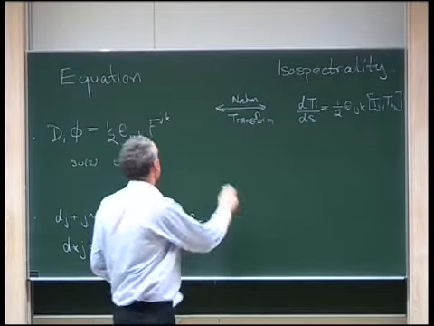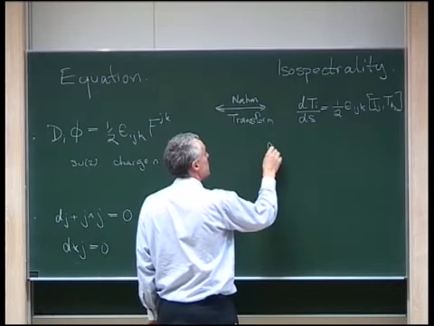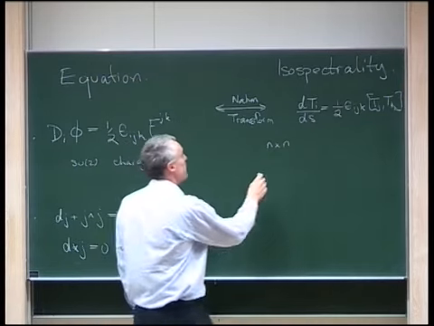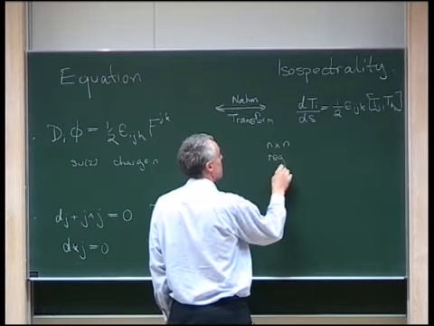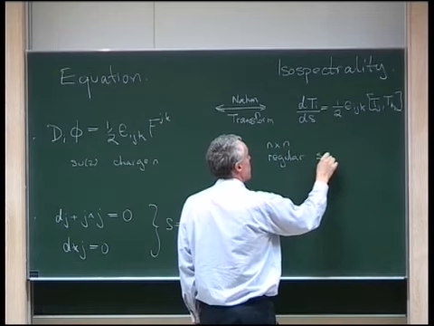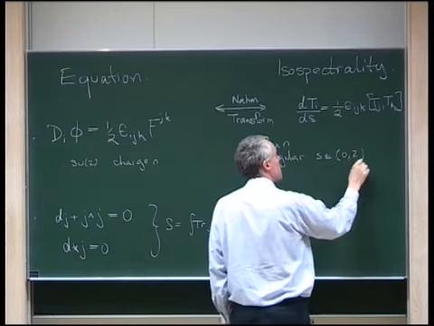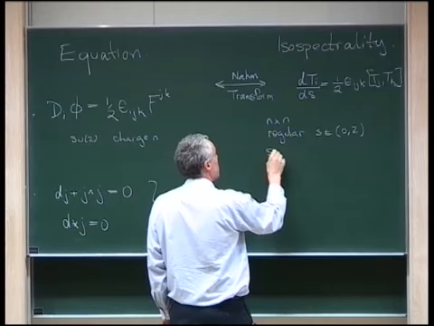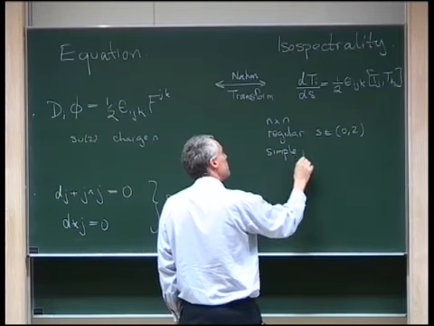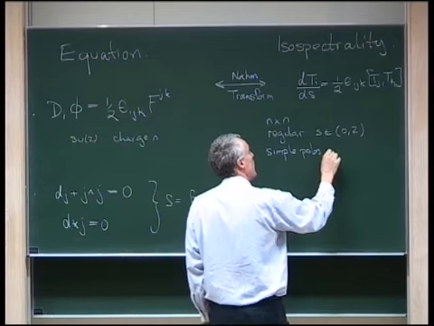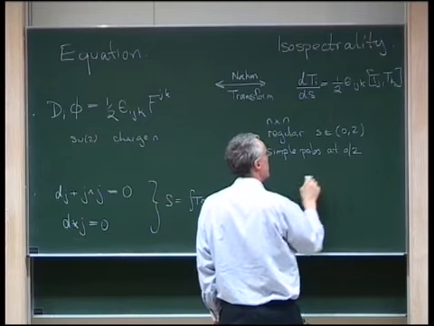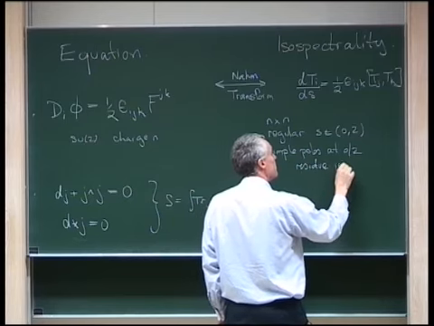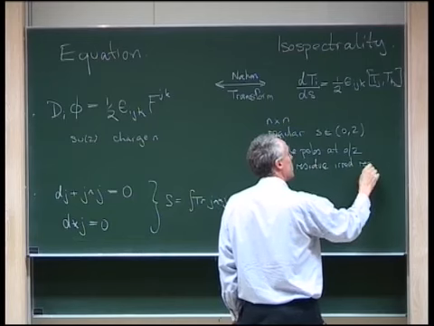So these matrices, the charge n feeds in, so these are n by n matrices. They're going to be regular for s in the interval (0, 2). And they're going to have simple poles at 0, 2 with residue an irreducible representation of SU2.